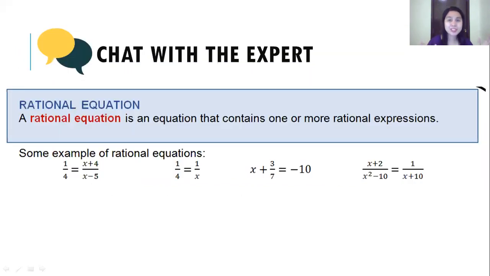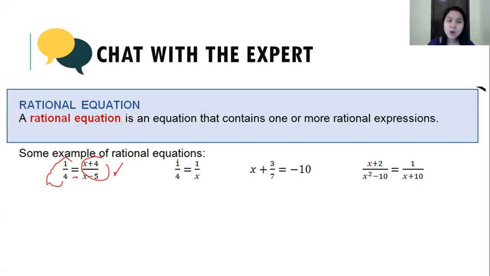What's a rational equation again? Yesterday, we talked that a rational equation is an equation that has one or more rational expressions, plus there is an equal sign. Example, the first one, it's a rational expression, it's another rational expression, and with an equal sign, it becomes a rational equation.